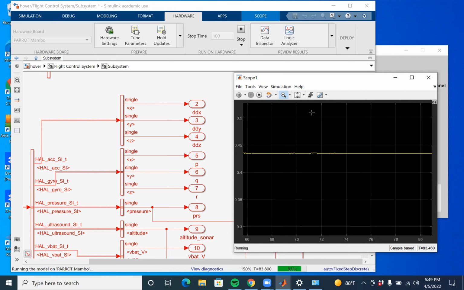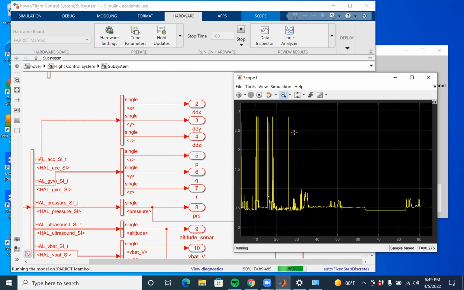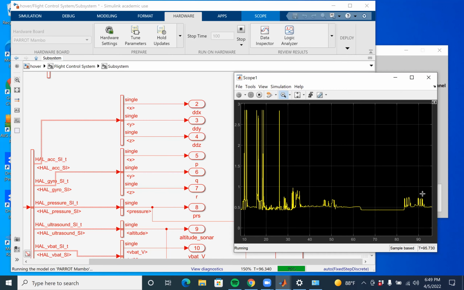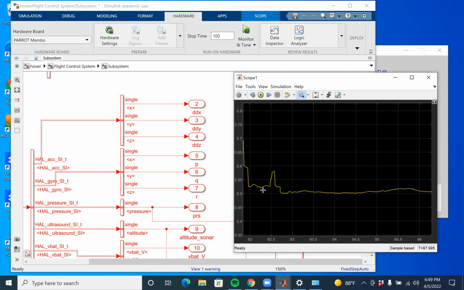I'm going to move it over here. I want you to observe that now this data is way smoother. Everyone understood this?